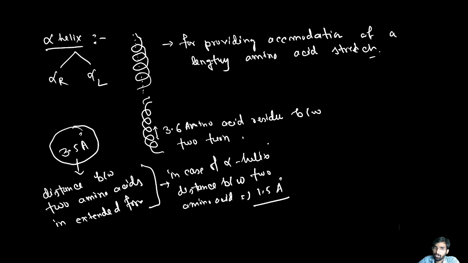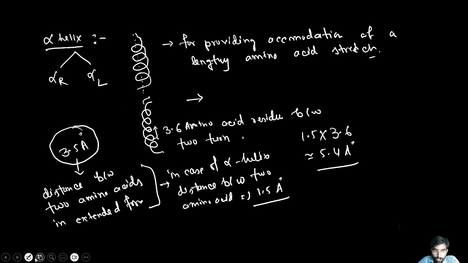Remember 1.5 angstrom. That means one turn, so that we will call a rise. That means rise per turn. The distance between that point and that point is 1.5 into 3.6, that is 5.4 angstrom. And how is the alpha helix stabilized? Due to hydrogen bond.